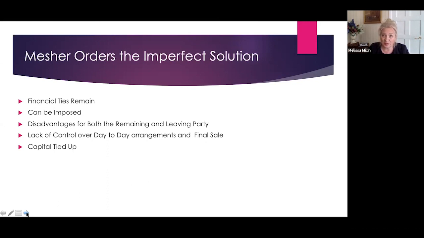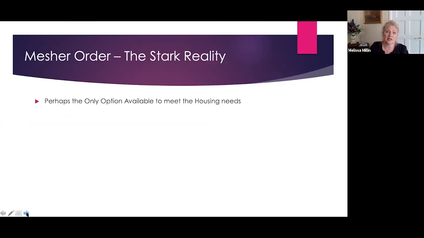And it leaves capital tied up for considerable periods of time. But the reality is, if we move forward to the next slide, sometimes it is the only option available, and it can't be overlooked when it's there to dig deep and reach to find what can meet the parties' needs.